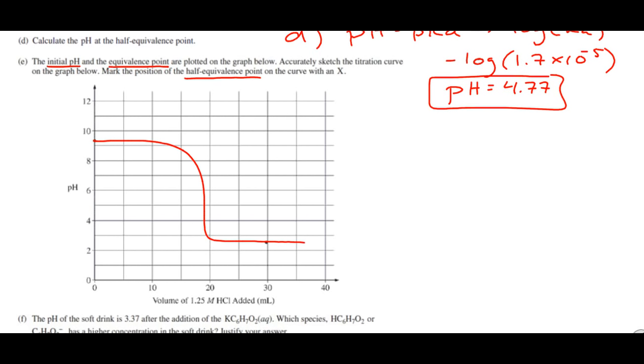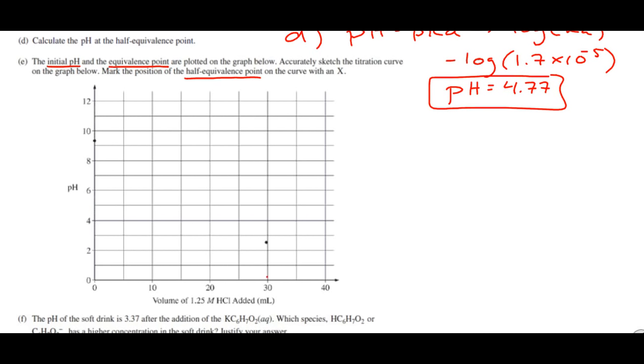That is the sign of a strong acid with a strong base. So what we need to do is make sure that we are showing weak components in here, not strong. So let's put our X in here, which was the pH of 4.77, and we need to know the approximate volume.